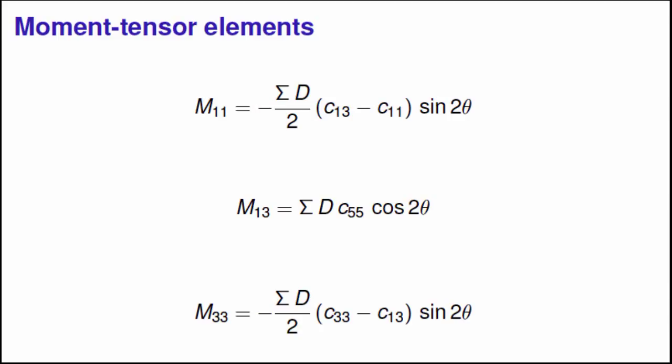So in VTI media, the moment tensor components that we need are given by the expression shown here, where capital sigma is the fault area, D is the magnitude of the slip, and the C's that you see here are the stiffness coefficients of the medium. We take these expressions and include them in a finite difference scheme, and then we are able to model any moment tensor source in 2D.